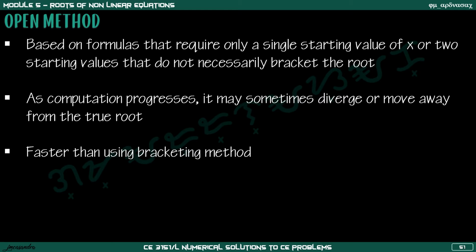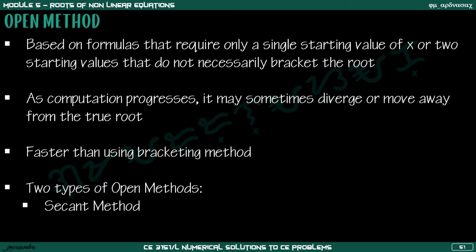For the open method, one advantage is that it is faster to use than the bracketing method, since it would also be converging faster than our bracketing methods. Under the open method, you have two types, which include the secant method and the Newton-Raphson method.